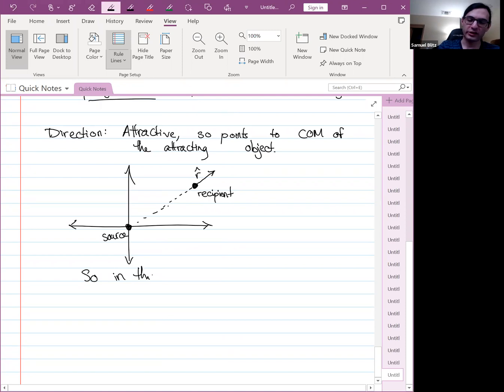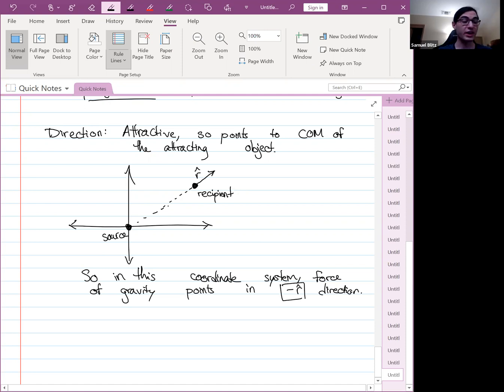So in this coordinate system, the force of gravity is in the negative r hat direction. So putting this all together, we can have a vector equation for the force of gravity.